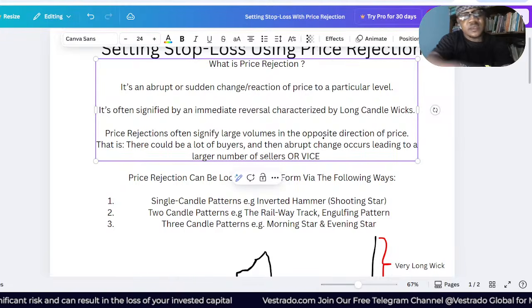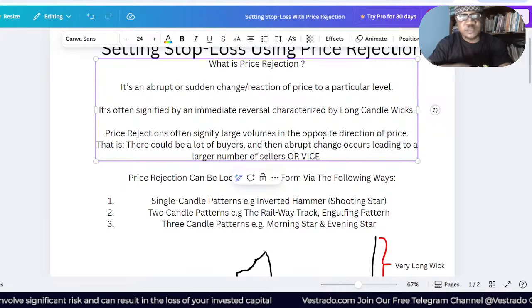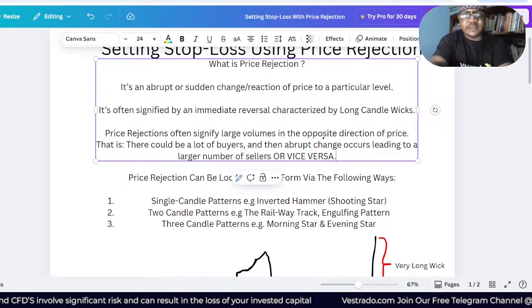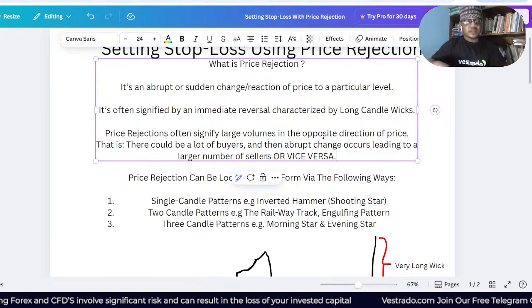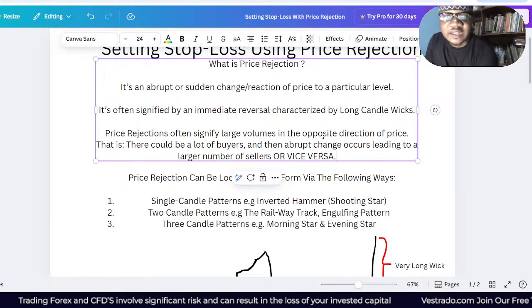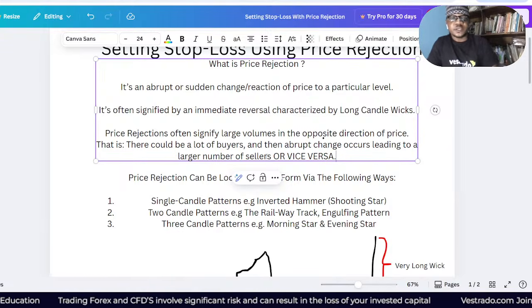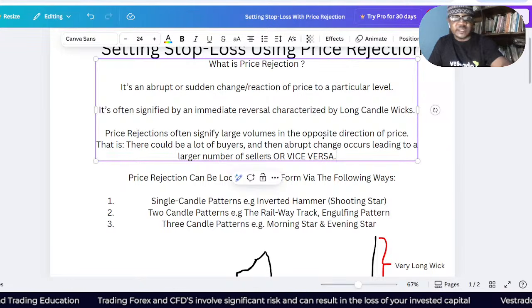Vice versa meaning we could have a lot of sellers at this moment, and then eventually an abrupt change leading to a large amount of buyers, okay, that outweigh the number of sellers.